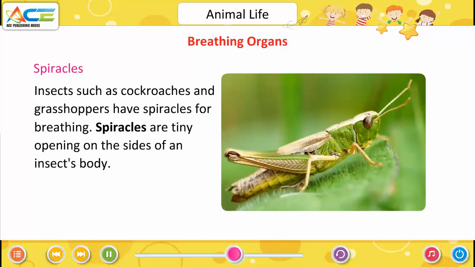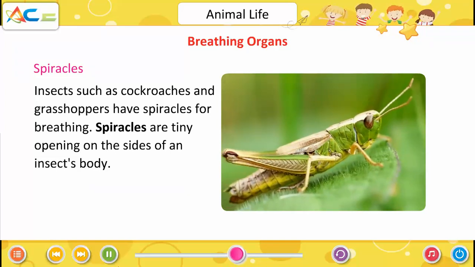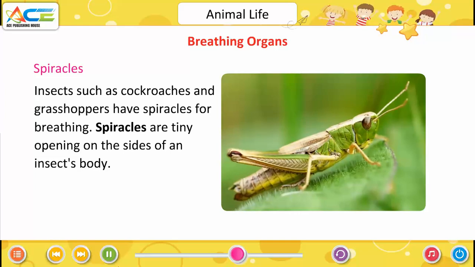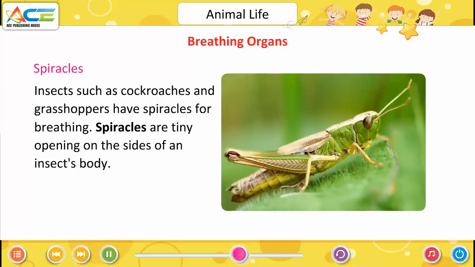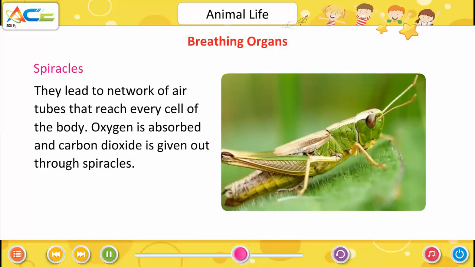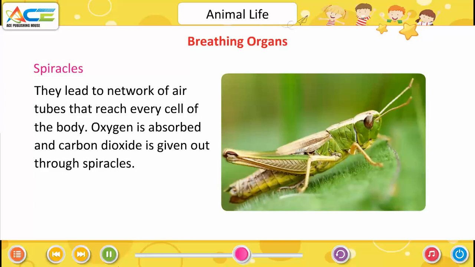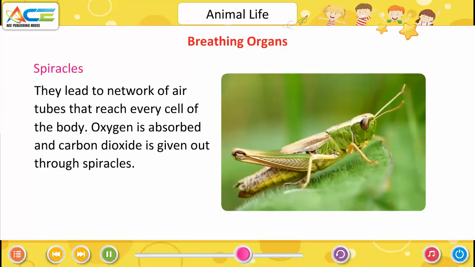Insects such as cockroaches and grasshoppers have spiracles for breathing. Spiracles are tiny openings on the sides of an insect's body. They lead to a network of air tubes that reach every cell of the body.